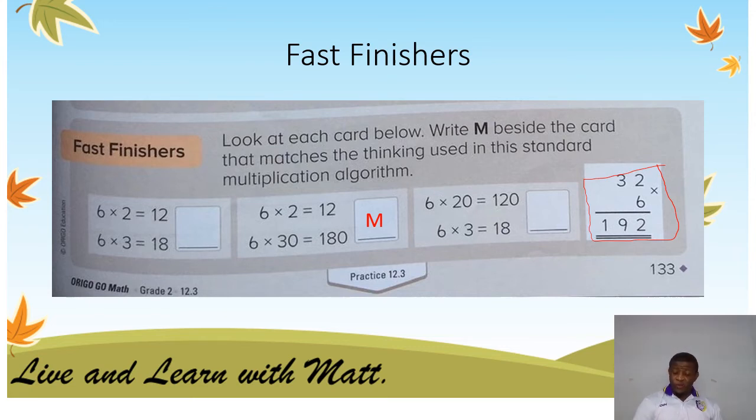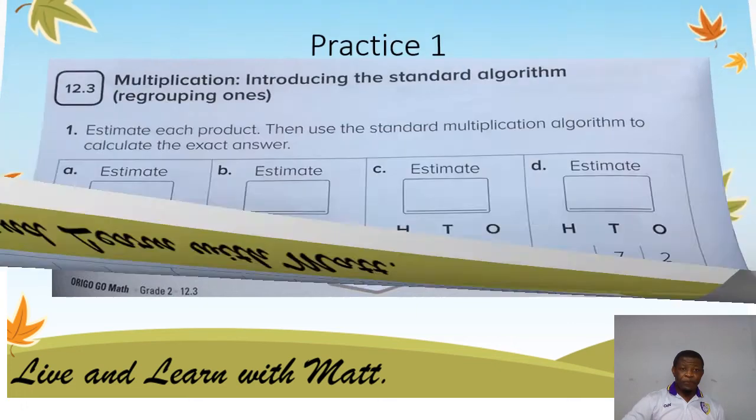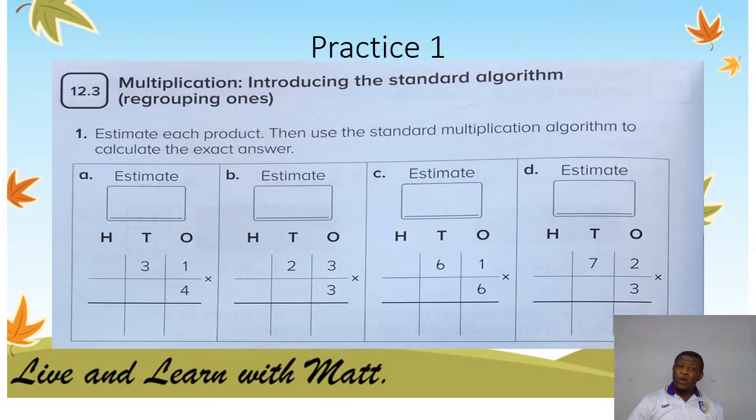Now let's go to the practice book. Bring out your practice book, everybody. Now, number 1. Estimate each product. Then use the standard multiplication algorithm to calculate the exact answer. So 31 times 4, let's estimate it to be 120. 30 times 4, so that's 120.